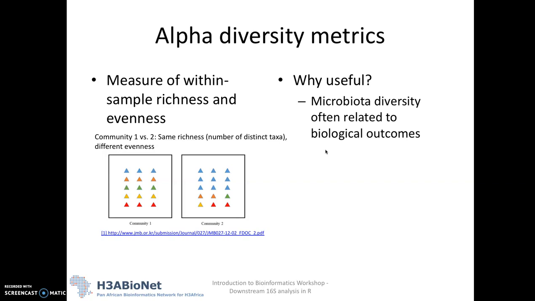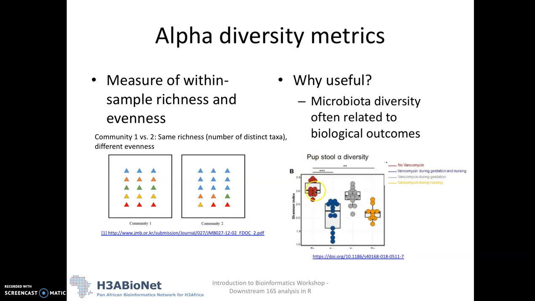So why do you think alpha diversity is a useful measure for us to look at? Often in biological data, we'll find that these microbial diversity estimates are actually related to biological outcomes. As an example, here is a figure from a study that was conducted at UCT, and this was a mice study where they looked at pup stool alpha diversity, and the difference between the groups was whether the mum was treated with vancomycin, and if so, how long she was treated with vancomycin.